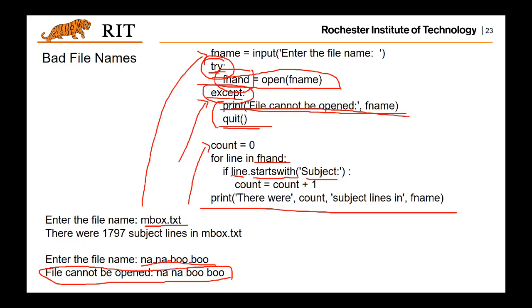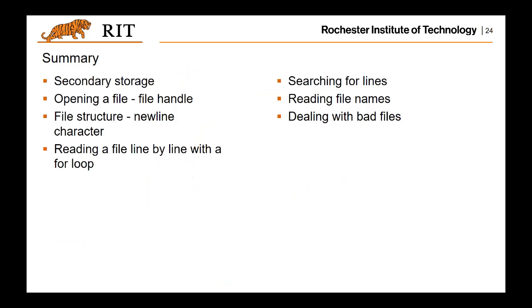To summarize, files are stored in secondary storage, and we have the open function, which returns a file handle. There's a newline character at the end of each line. Sometimes you don't want the newline character, so use the rstrip function to remove it after you read the file.